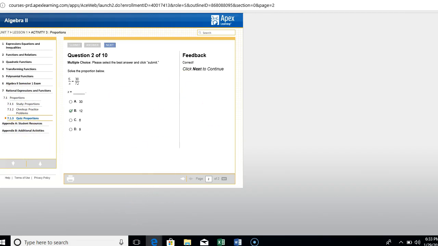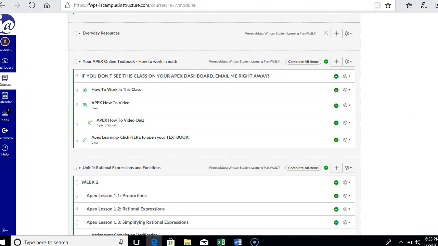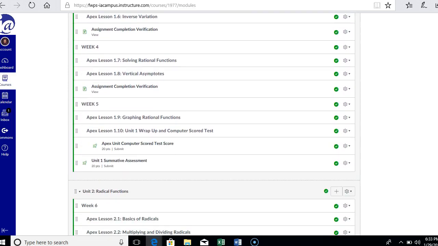And then also back in your course, you've got what's called a summative assessment. So you've got a summative assessment to complete for each unit, and you've also got a CST, a computer scored test, to complete for each unit.